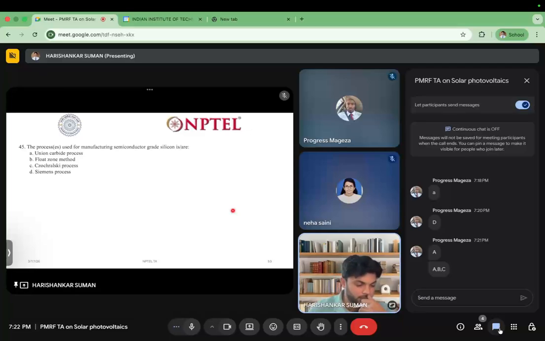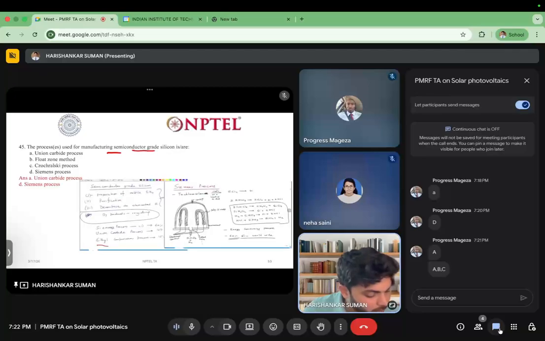Float zone is not it. This is for semiconductor grade: the Union Carbide and cement process only. And the ethyl carbonate process can also give semiconductor grade. You can see it in the cement and Union Carbide processes, but Czochralski is not used.